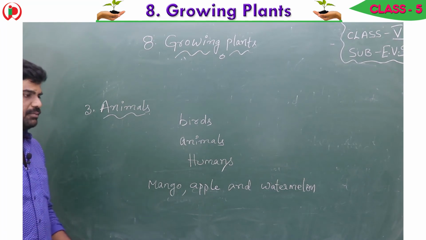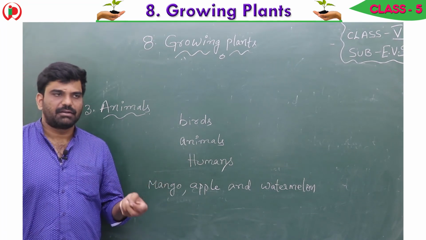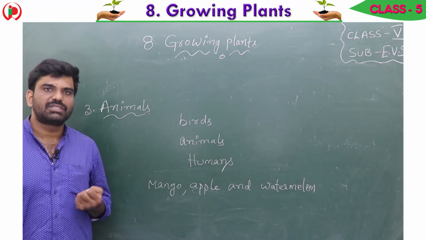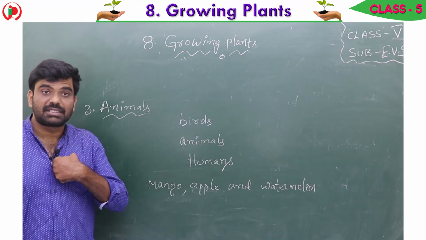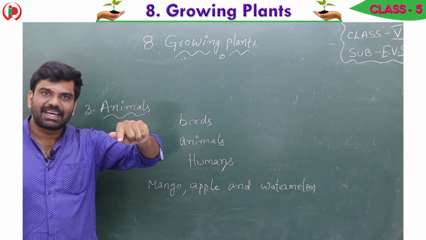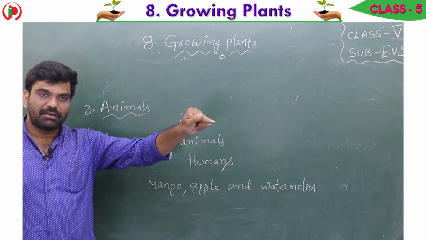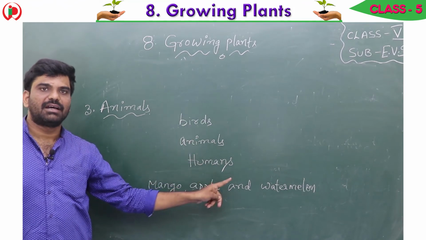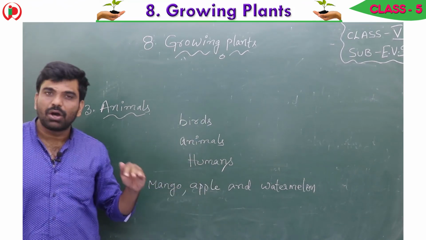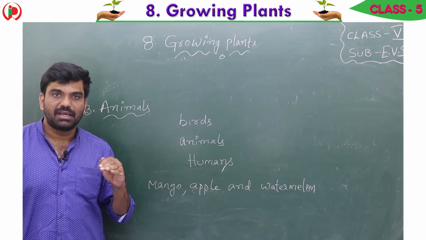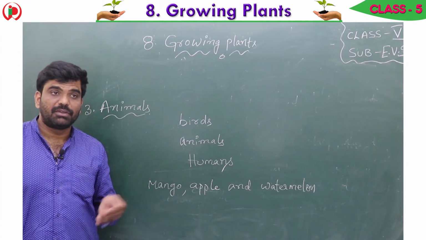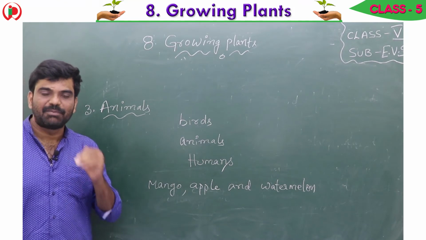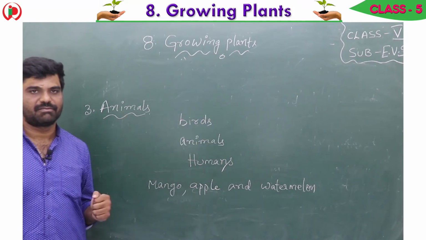For example, if you take watermelon, we will eat the fleshy part or the juicy part, and the seeds we won't eat, we will throw away. The place where we have thrown is a good place for the seeds to grow. This is how the animals and humans, without their knowledge, without their notice, help in dispersal of seeds.